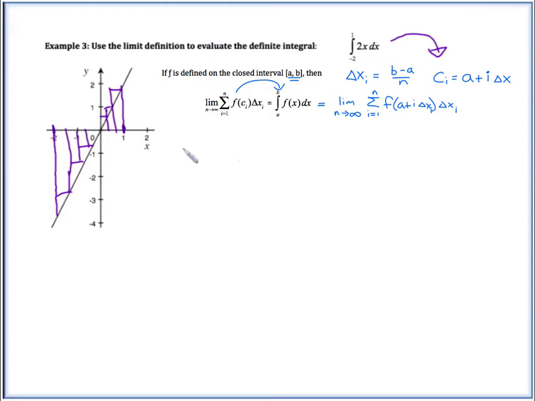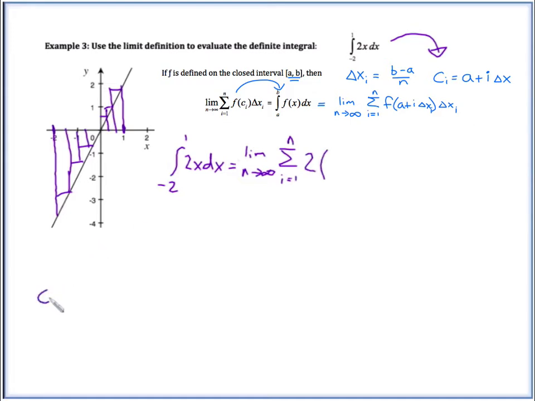Okay, so we're going to go ahead and find the definite integral from negative 2 to 1 of 2x dx, jumping straight to our limit here. So the limit as n goes to infinity of the sum from i equals 1 to n of f of c sub i. So 2 times, well, we've got to find our c sub i.